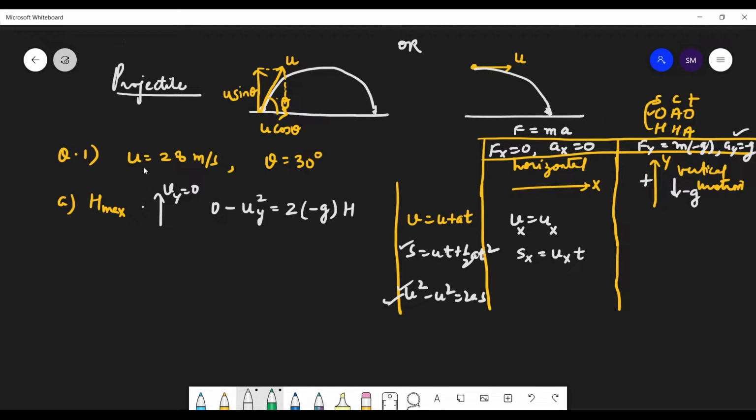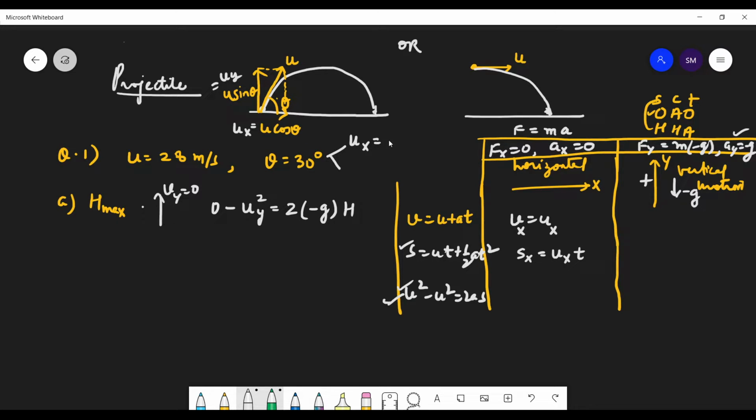Now what will be ux and uy? You have u is equals to 28. So this is your ux, u cos theta, and this is your uy, u sin theta.